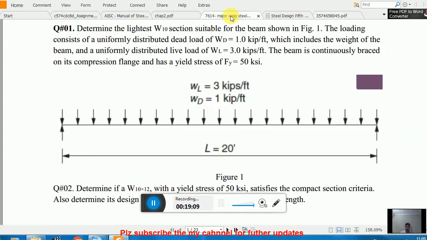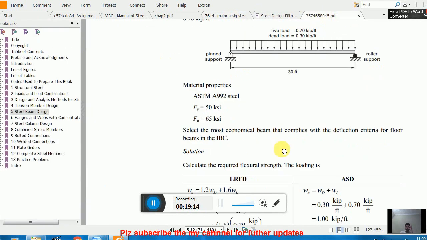Remember, in that question we didn't check the section for deflection, but here we have to check the section for the deflection criteria.